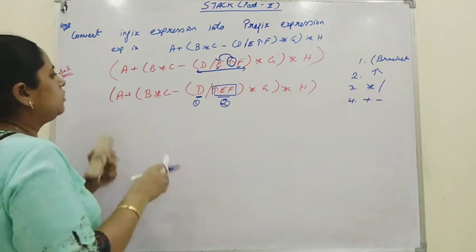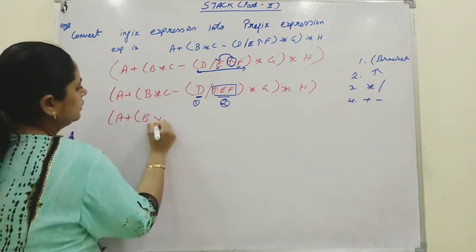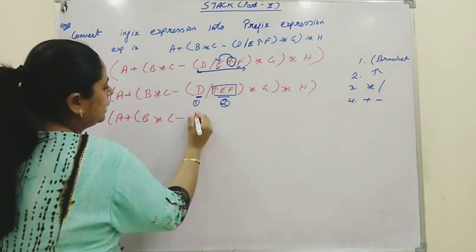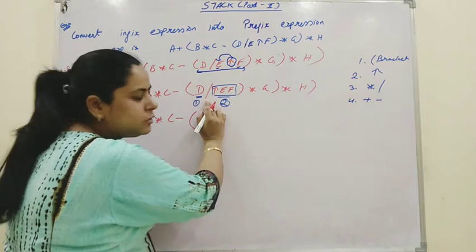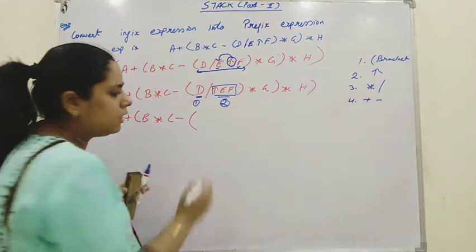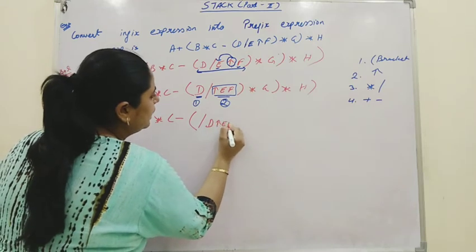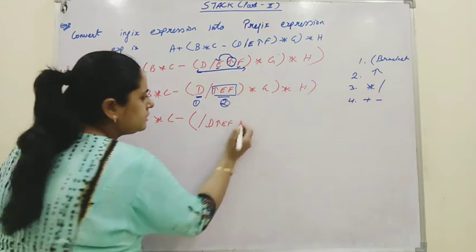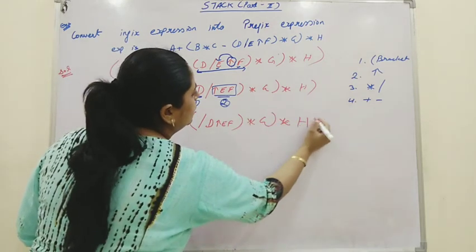Again we will write the rest of the expression as it is: C minus. Now within the bracket, in prefix the operator will come before the operand: slash D, exponent E F. This operand we will copy as it is: asterisk G, asterisk H.